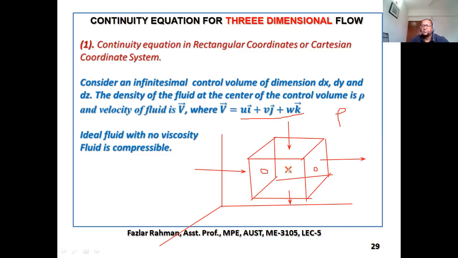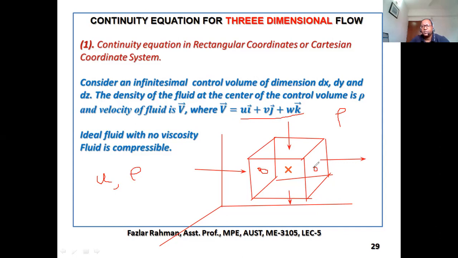At the center along the x-axis, what is the velocity of the fluid? U. So at the center I have velocity U and density rho. What will be the velocity at the face? It is not the same U, because it is also changing. Similarly, rho is not the same as at the center; it is also changing.